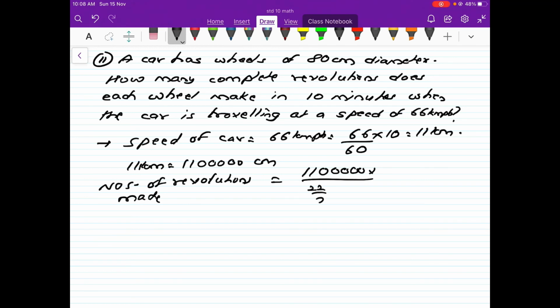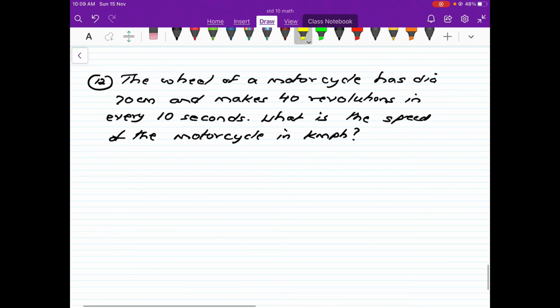So this is 22 by 7 into d, where d is 80 centimeters. When we simplify this, we get 4375. So the car makes 4375 revolutions in 10 minutes. So that's the answer.